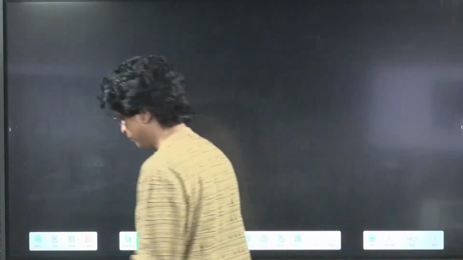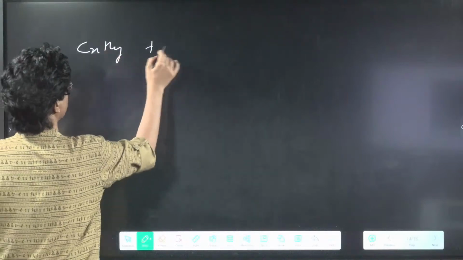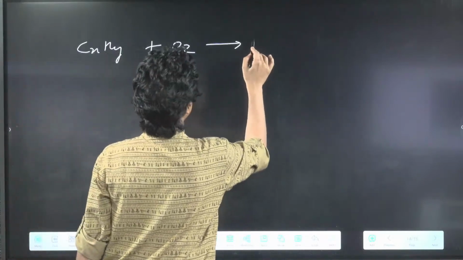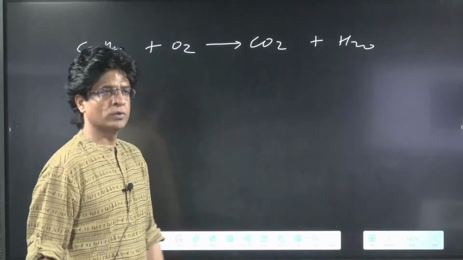Let's do some questions. So I'm giving you a question. I'm saying that there is a hydrocarbon which is going to combust and it will give you CO2 and H2O.